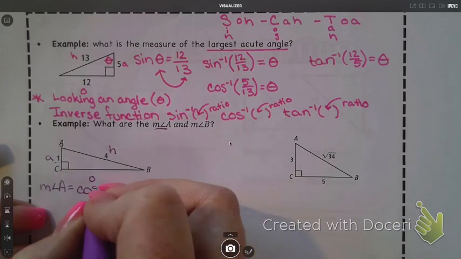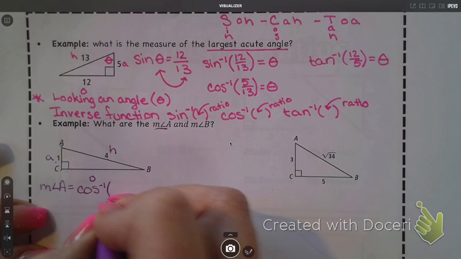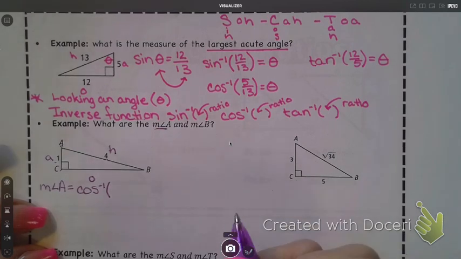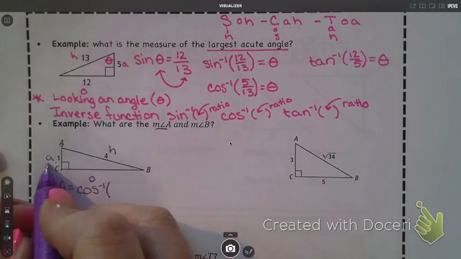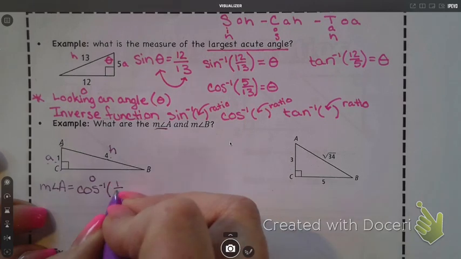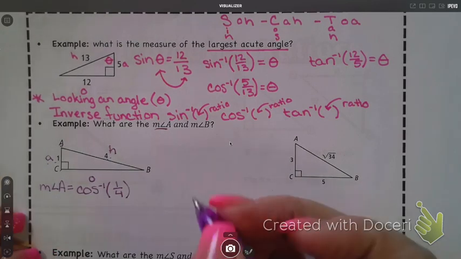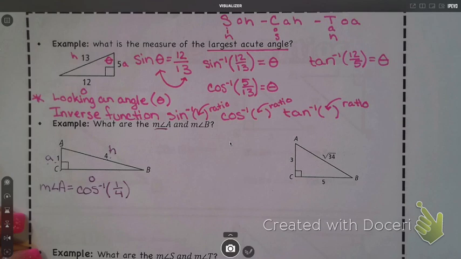The negative 1 power of, and just put your ratio in there. So adjacent over hypotenuse. Is that all? Well, then we put it in a calculator.